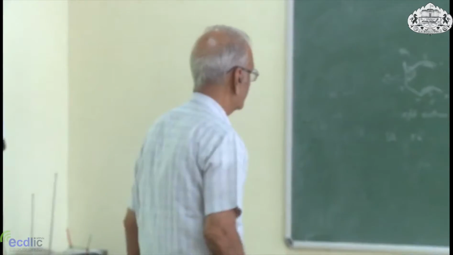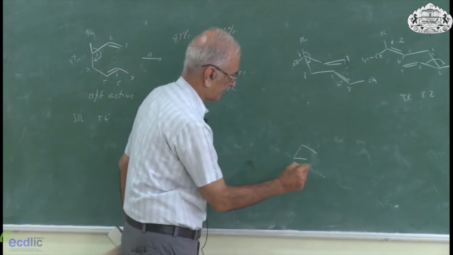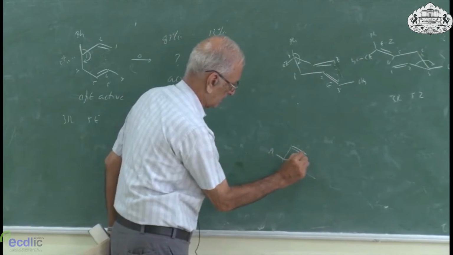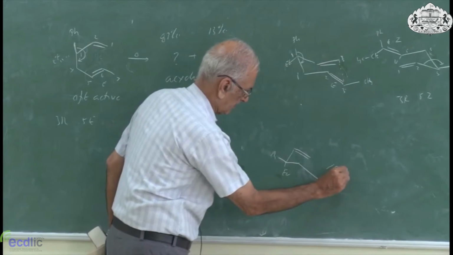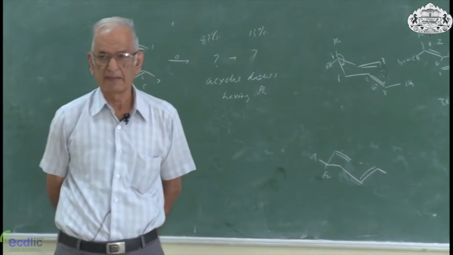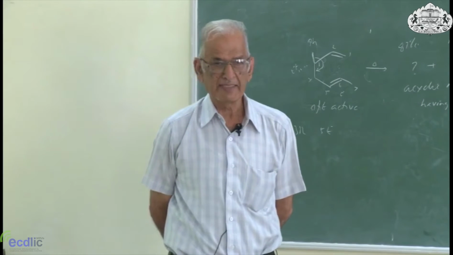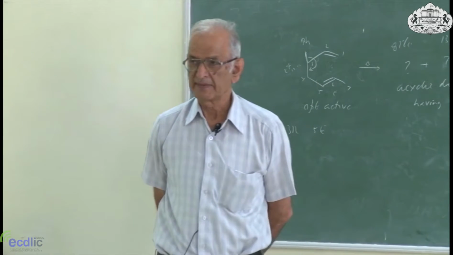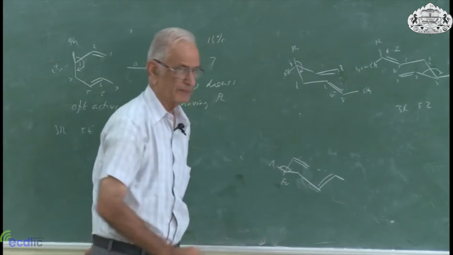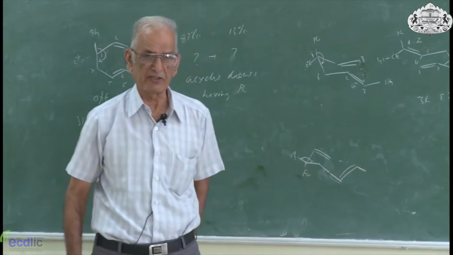So, flip the chair. Obviously, after flipping the chair, there will be no change in absolute configuration. So, R geometry here, that is also E geometry there.